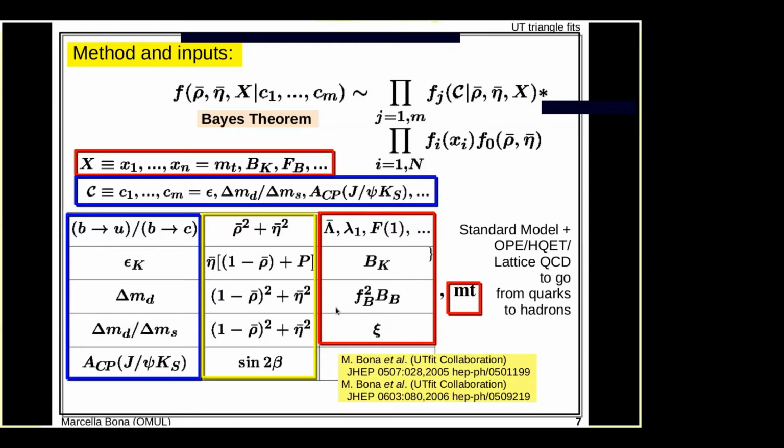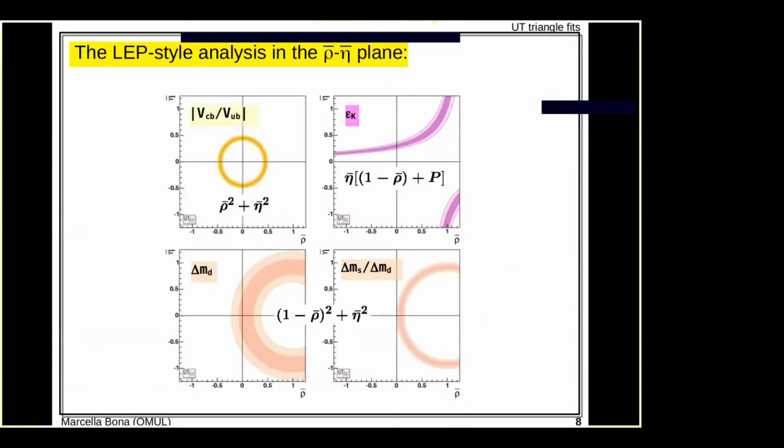That is what you need to connect the hadron level that is behind the observables with the quark level that is behind the functional form. Basically this comes from operator product expansion, lattice QCD, several calculations. And there's also the mass of the top that comes into play. So these are some of the papers that show in more detail the method that we're using.